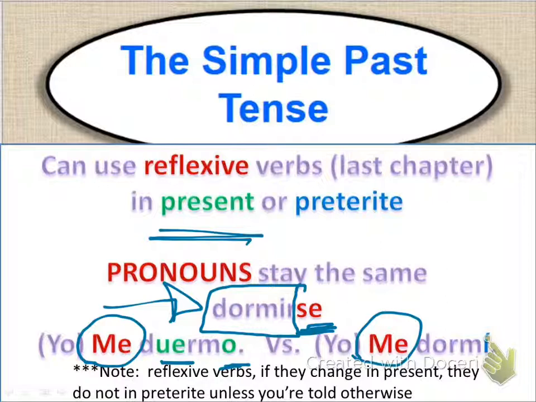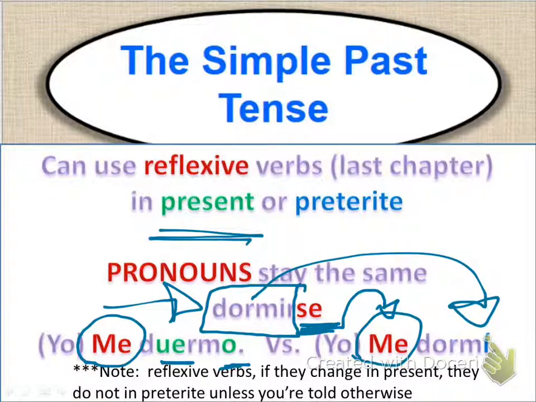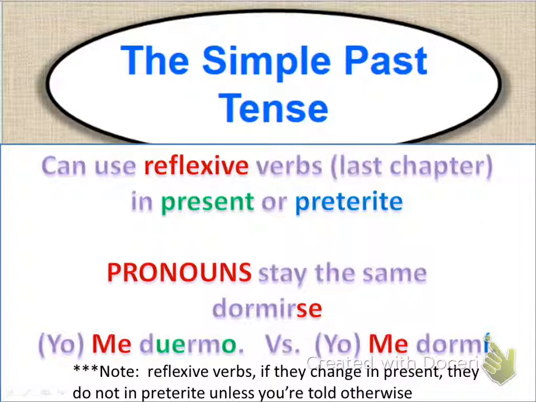But if you want to do that same verb in the preterite, all you're doing is now looking at the se, taking care of it, making it the yo form for your reflexive pronoun. Then do dormir as a regular conjugation. Technically, dormir has an extra change, just like the verb leer, it changes on the bottom two. We're not going to get to those until later.